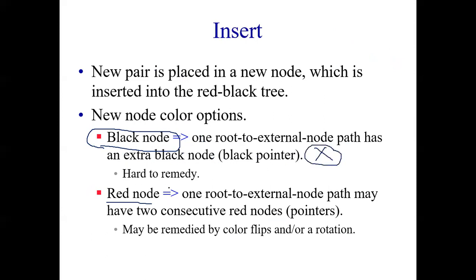We have to go with red color for the new node. But when you give red color for the new node, if the parent is also in red color, then we say that the tree is imbalanced. In that case, the tree should be balanced. That can be done either by changing the color of some of the nodes, or by performing rotation. So how to do that? When to change the color of the nodes and when to perform rotation? That's what we are going to discuss in this lecture.